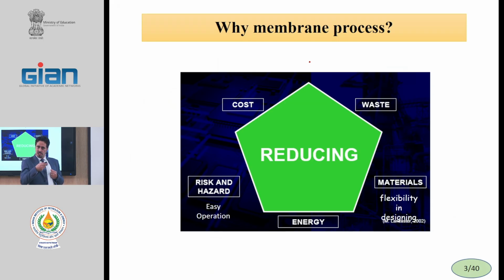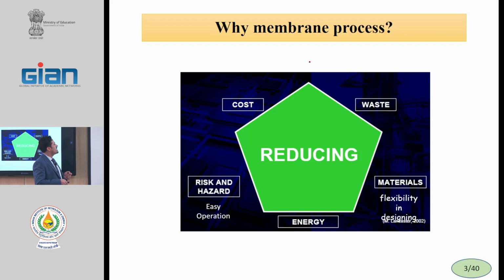The pump uses energy, but the energy used in pumping is very, very low compared to boiling. Therefore, reverse osmosis has now substituted thermal processes, and the main application of RO membranes is desalination.